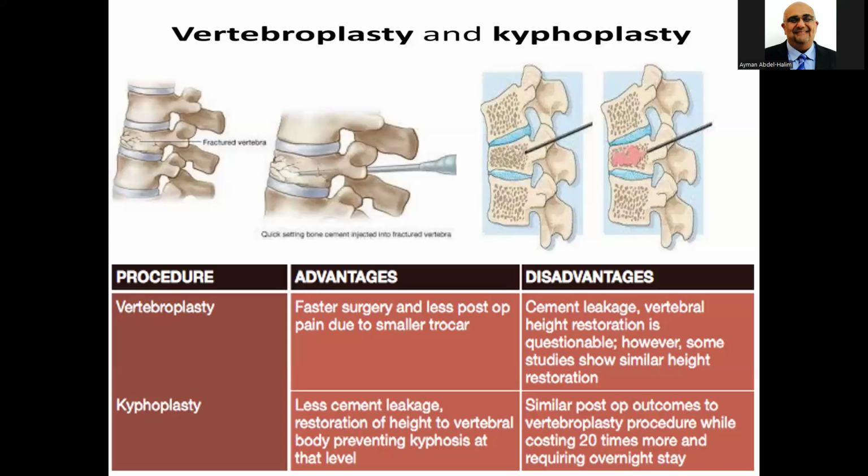And also it creates a vacuum for the cement that might help the cement not leak to the surrounding areas. These are basically the two differences between vertebroplasty and kyphoplasty. Of course, vertebroplasty is cheaper than kyphoplasty.